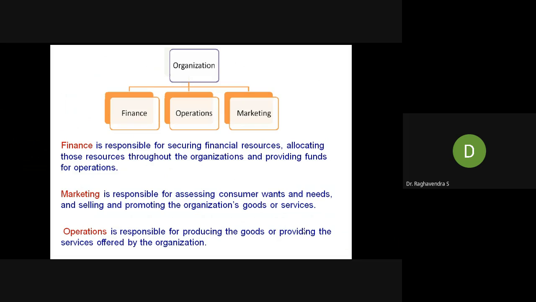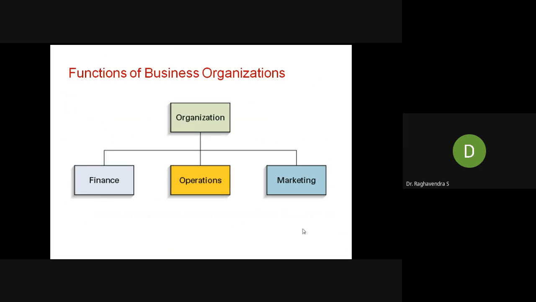Marketing people should know what exactly the customer is looking for, and then you can start manufacturing or selling that product. Next, operations is responsible for producing goods. It may be manufacturing, production department, design department; all come under the operations department. So these are the three important major departments in any organization.